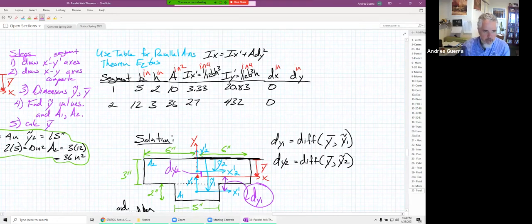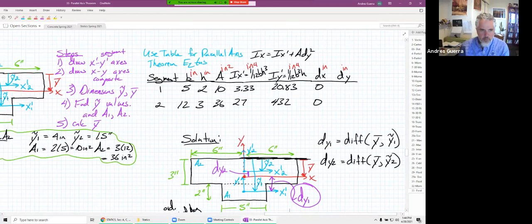And so over to the left, we had found y tilde for segment 1, which we labeled as 4 inches. Y tilde for segment 2 is 1.5 inches. And we know that y bar is equal to, what did we find it was equal to? It was 2.04 inches.